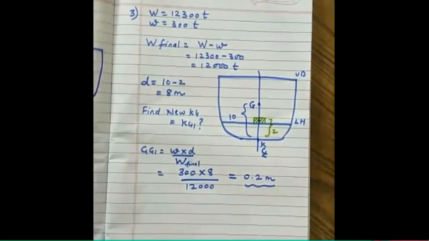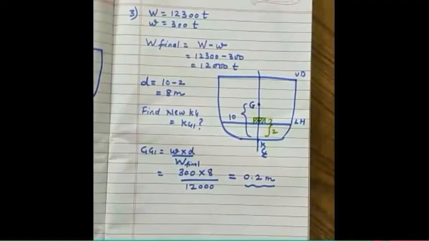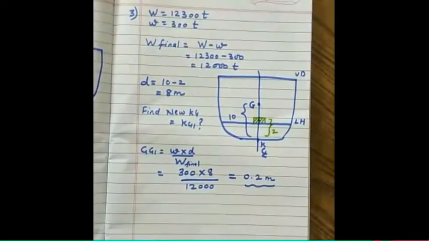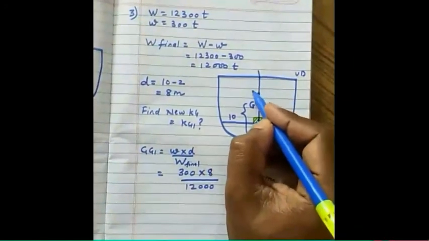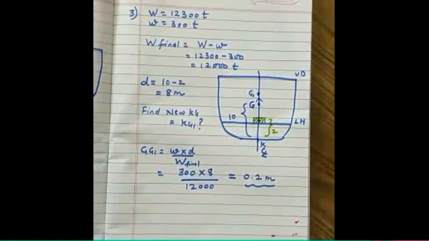Now you should tell me where it is shifted. Just listen. It is saying cargo was discharged from the lower hold, so cargo is removed from the lower side. So where will my G go? Upwards. Yes, it will go to the top side. Because I have removed the cargo from the lower side, G will go to the top side.